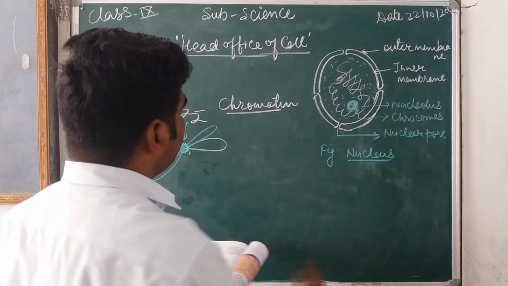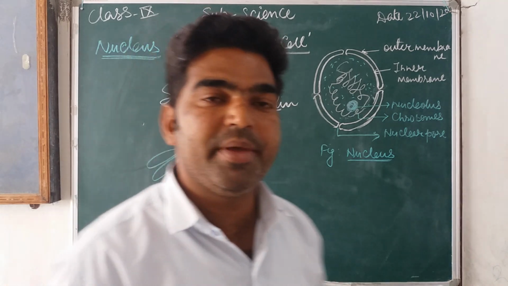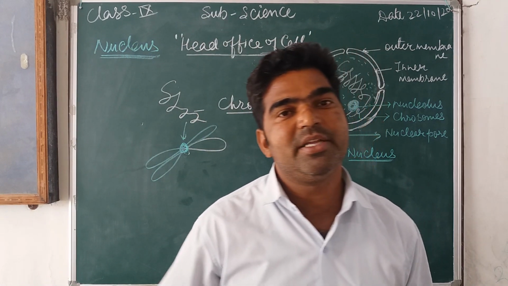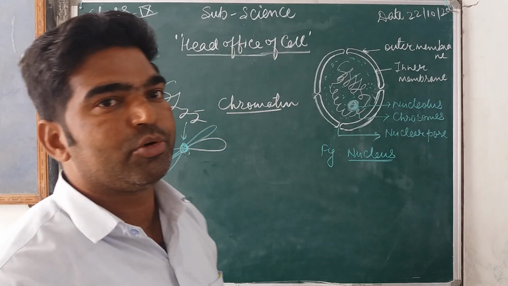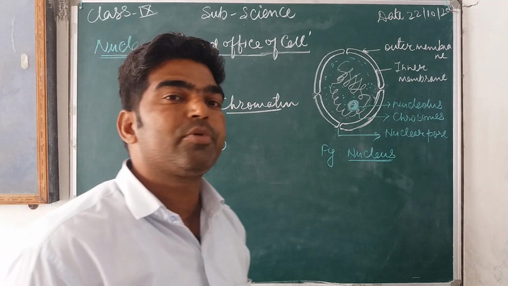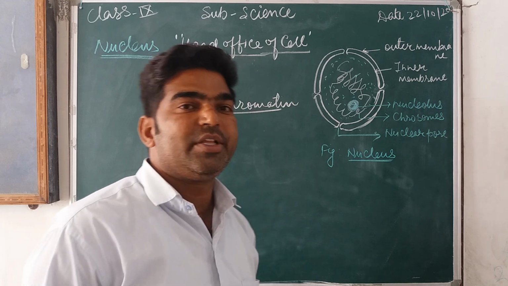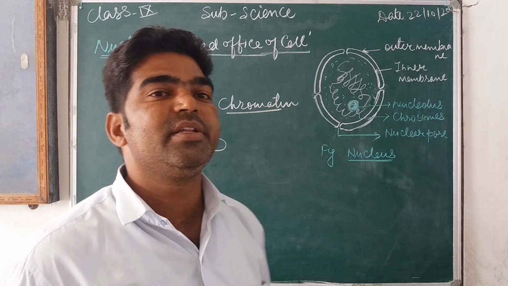So how many chromosomes are there in a human being? We already discussed this in the 8th class, in detail. The number of chromosomes in a human being is 46, which make 23 pairs.